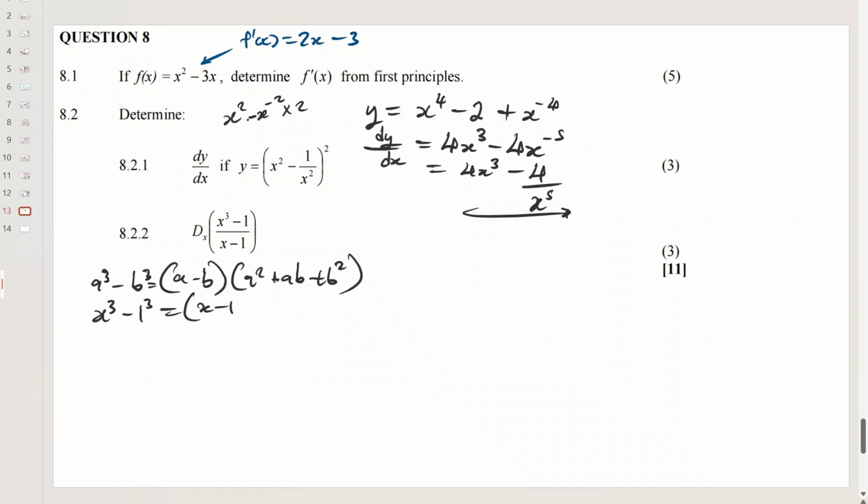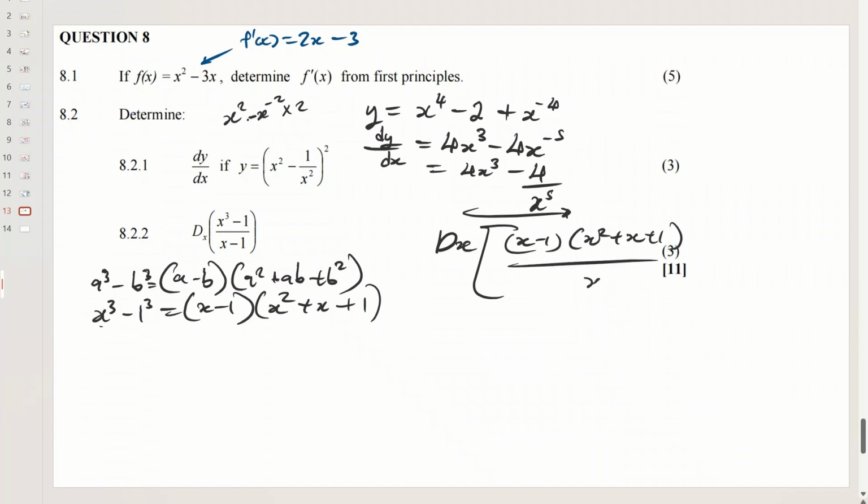So this would be x minus 1, x squared, then plus x times 1 is x, then 1 squared is just 1. So now you have the dx there, and write this as x minus 1 into x squared plus x plus 1, and then x minus 1.